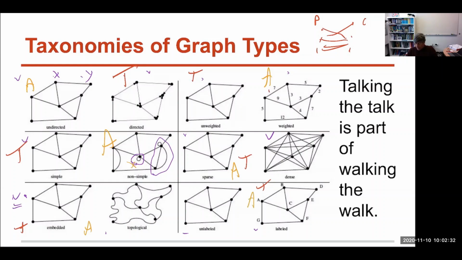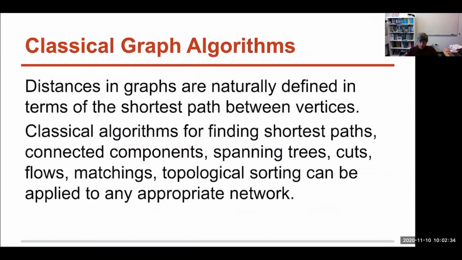Any questions about that? So I think that it should be clear that when you have a graph data set, you have to understand its basic properties. Once you have network data, one thing you could do is try to do the things that you learned when you took an algorithms class, okay?